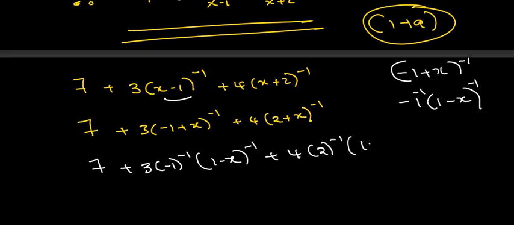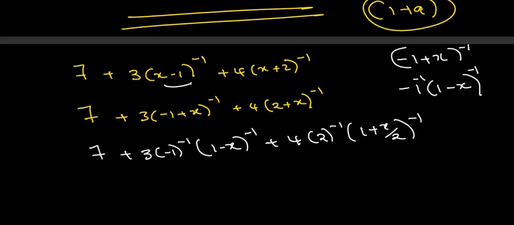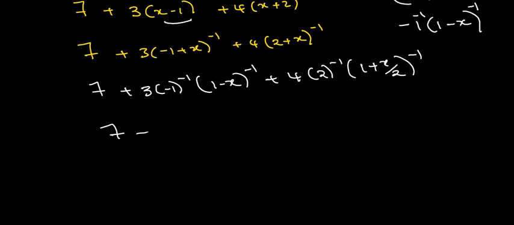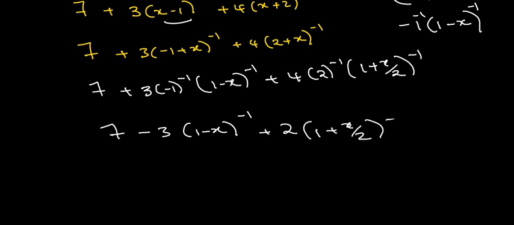Then this is just 1 plus x over 2 to the power negative 1. To write this in a normal way, this is the same as negative 3, 1 minus x, the power negative 1, and this is just going to be 2, because this is the same as half. Then half of 4, that's a 2. 1 plus x over 2, negative 1.